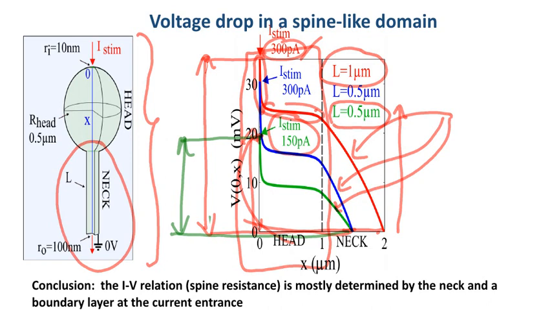So we think that there is no compensation: even with a smaller current, if we reduce the spine neck, it's not just a scaling. There are effects of the geometry which are probably very interesting to further understand.